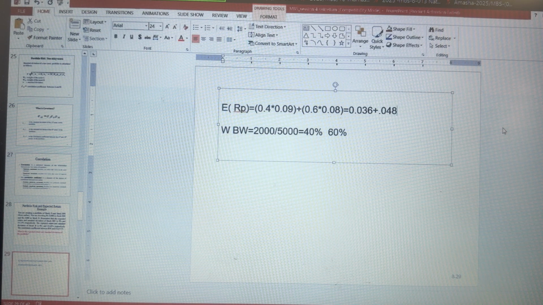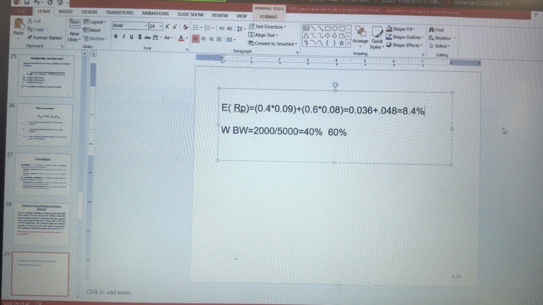So if you add both, 8.4%. 8.4% is the portfolio's expected return, okay?